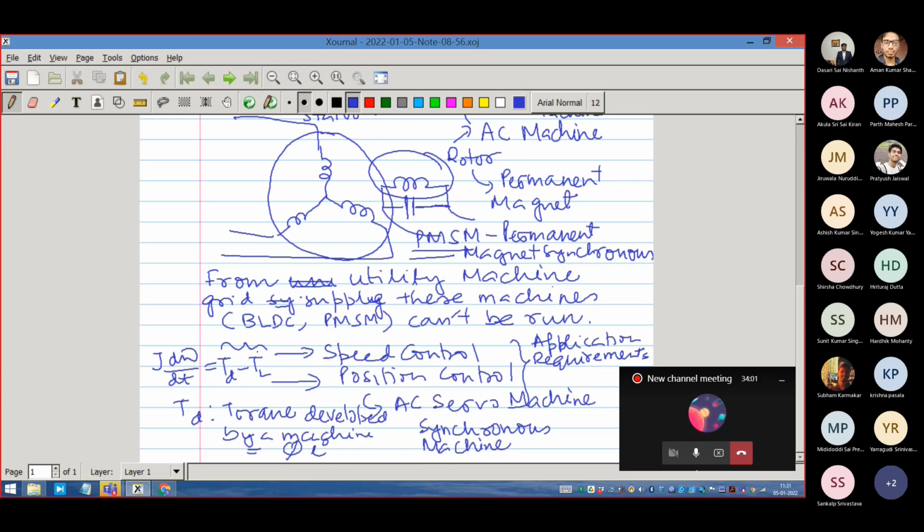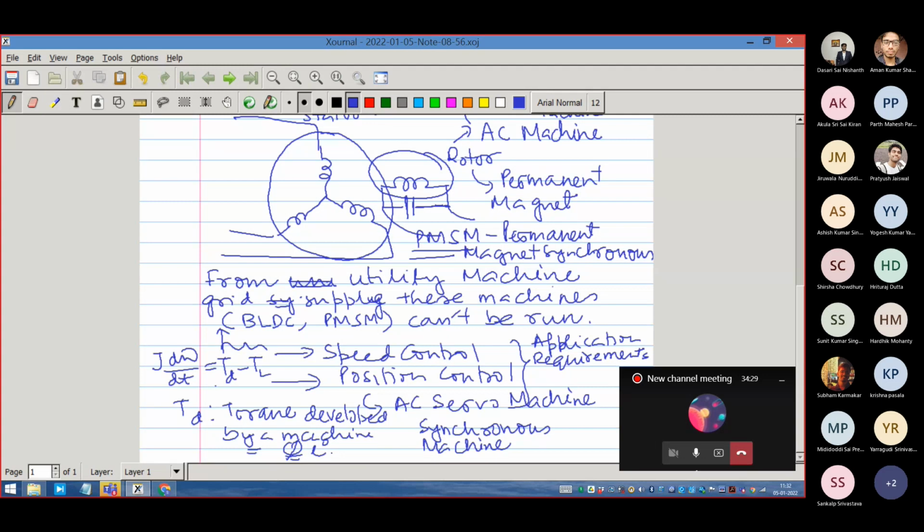That means in the transient state I want to go to a torque that is higher. Let us say initially 10 Newton meter, and now you want to go to 20 Newton meter. So that 20 Newton meter implies that flux cannot be changed.